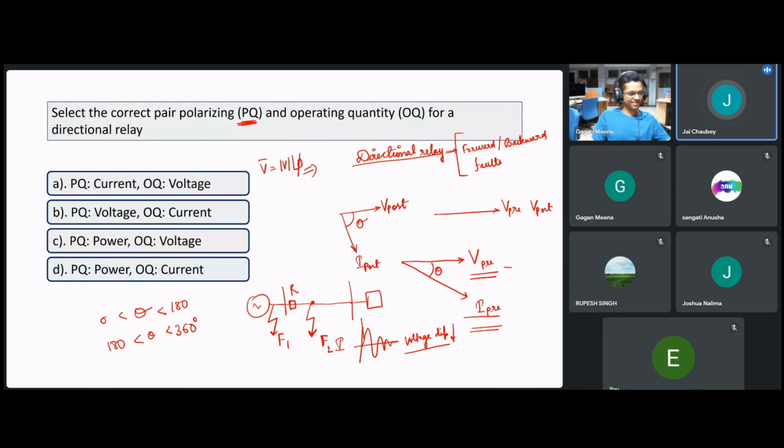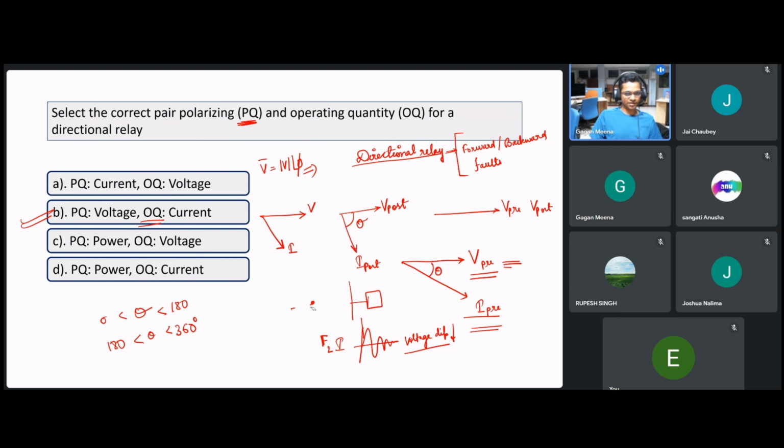Polarizing quantity is this PQ. So this option is correct, because voltage is the polarizing quantity. And current we are taking as the operating quantity, because we are taking the phase between voltage and current.